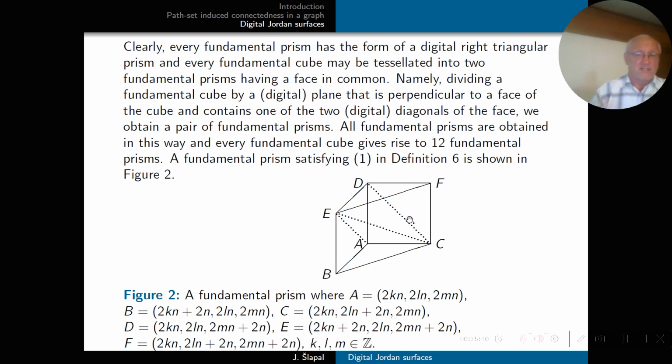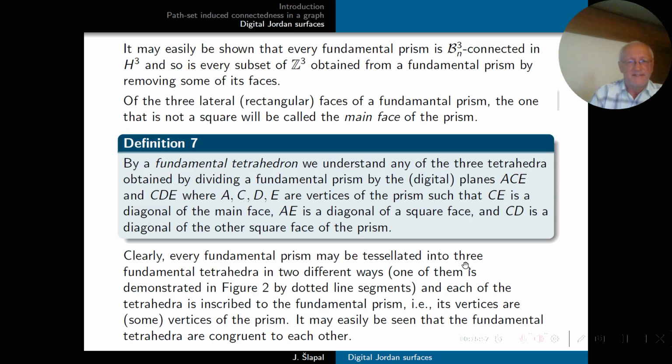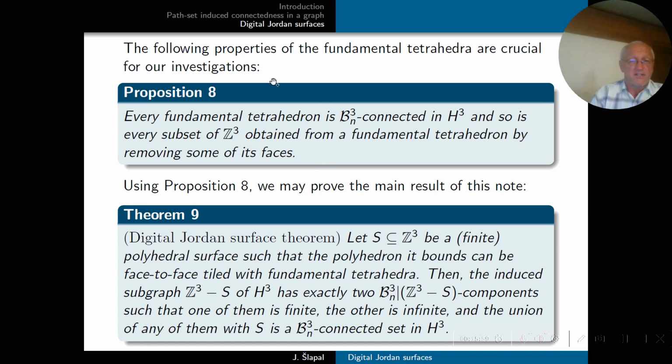Of course, all these things are digital, so these tetrahedra are also digital. They consist of points of Z to the power of 3. And which is important is that there is a proposition which is used to prove the main theorem.